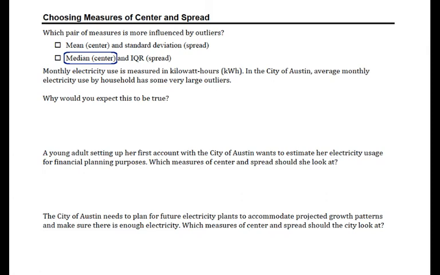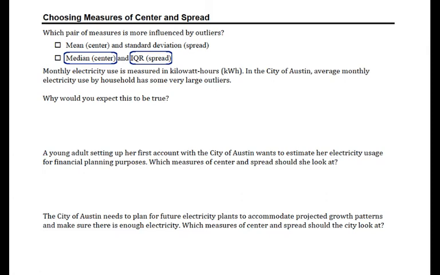Same thing turns out to be true of the IQR. The interquartile range is just the difference between the third quartile and the first quartile. So again, if we have some high outliers, we know they're going to be greater than the third quartile, but we don't know how much greater, and we don't necessarily care how much greater for purposes of calculating the IQR. Whereas the formula for standard deviation has a sum of squares of all of those deviations from the mean.